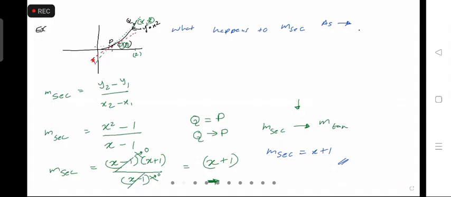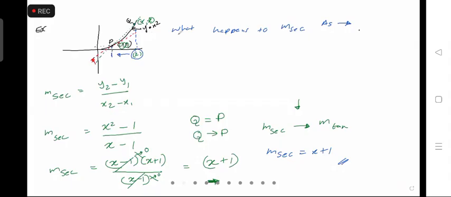If we call this x, then this value should be very near to the value of 1. For example, if you define number 2 here, at this point 2, 4, you need to bring that value very near to 1.